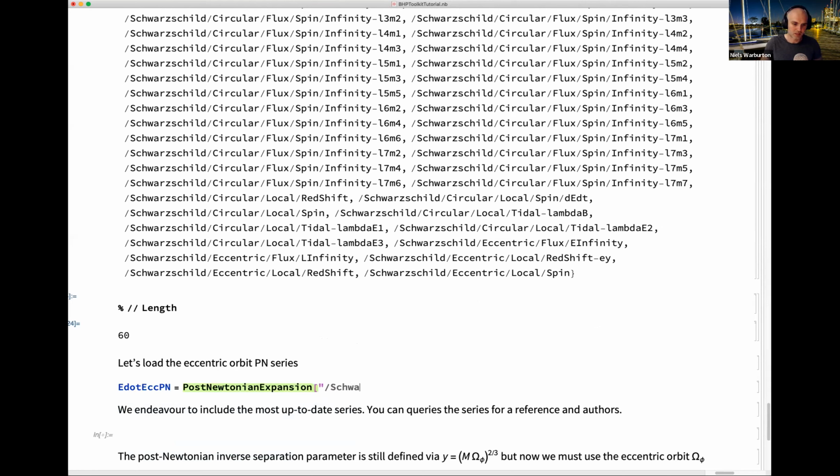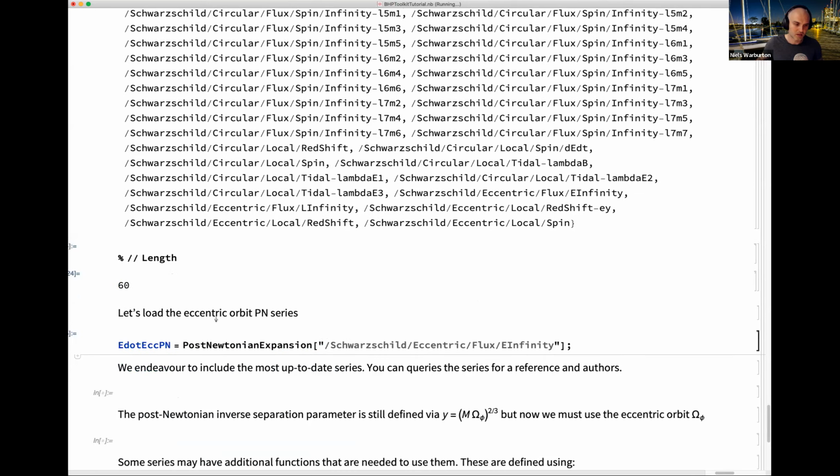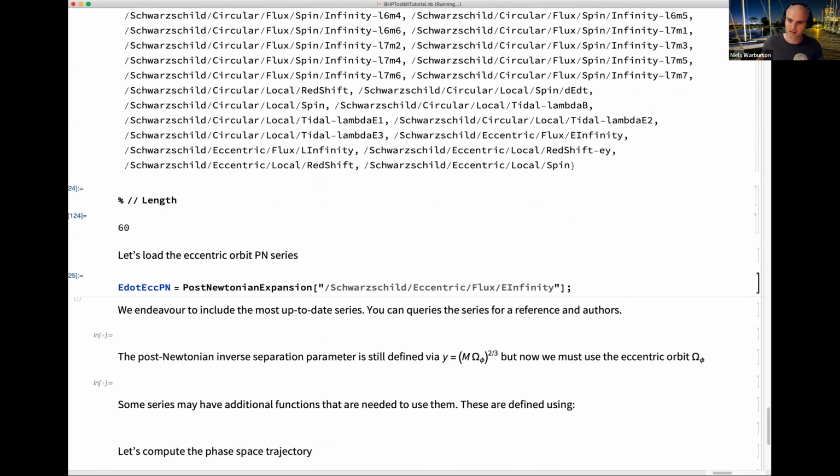So we want, in this case, Schwarzschild, eccentric, the flux, and the energy to infinity. Once again, I think that's going to take a little bit of time.